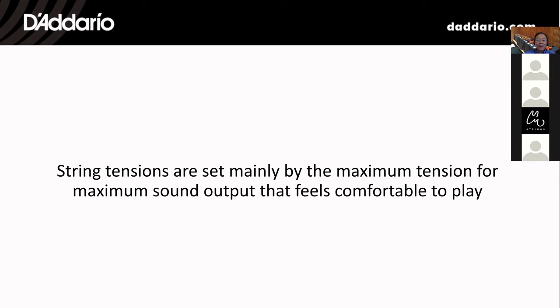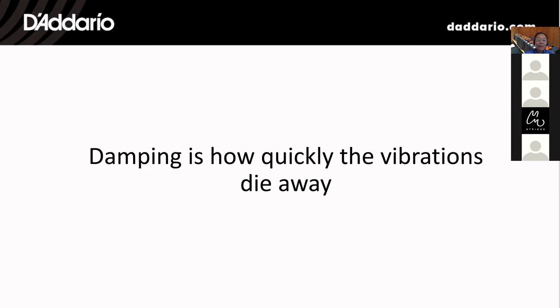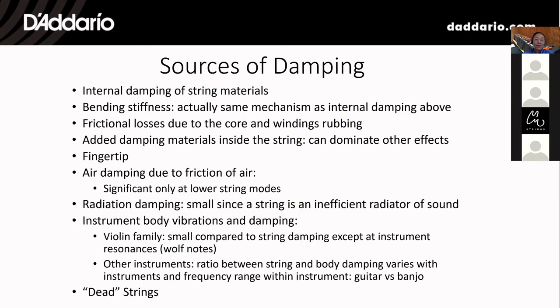So finally, let's examine damping. Damping is how quickly the vibrations die away. And so here are the major sources of damping. We have the internal damping of the string materials. The other major mechanism of damping is bending stiffness.